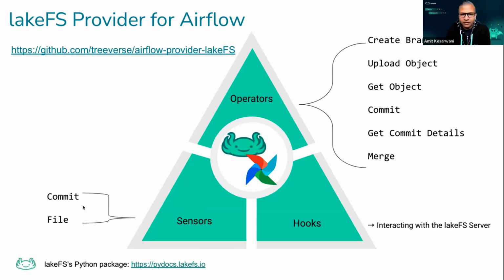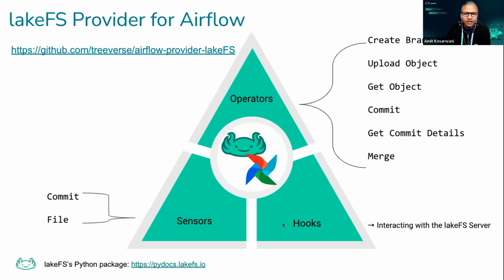You can also utilize the hooks to interface with lakeFS servers. If you want to do certain tasks which are not available through these operators or sensors, you can use the lakeFS hooks to interact with the lakeFS server.